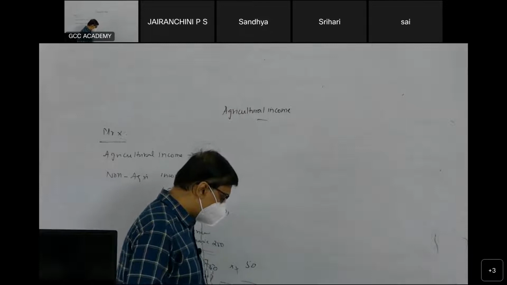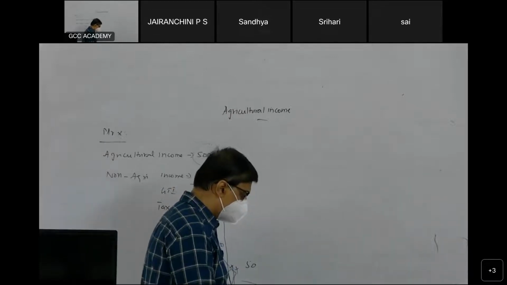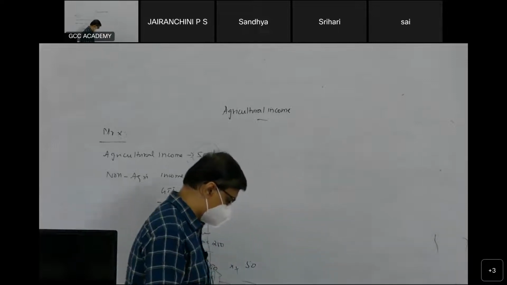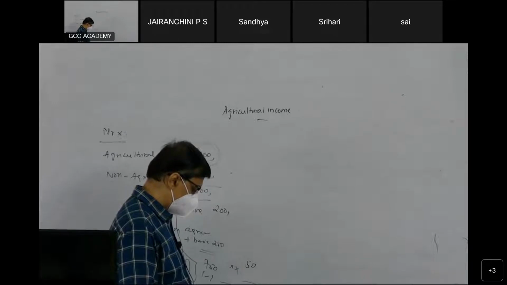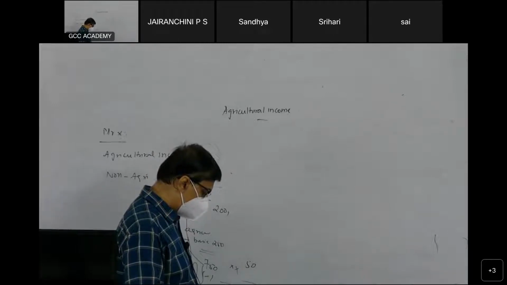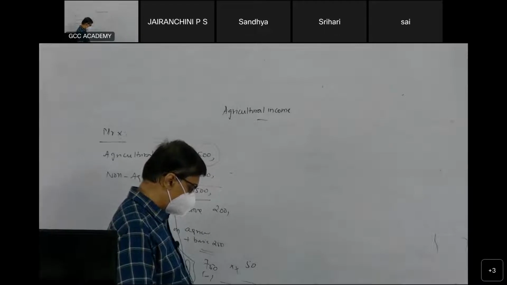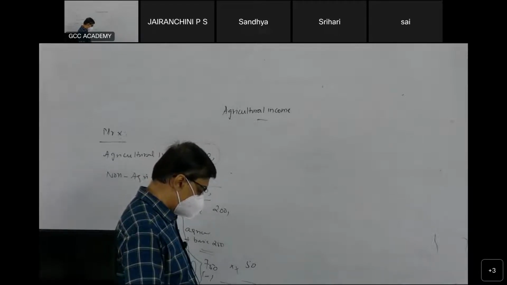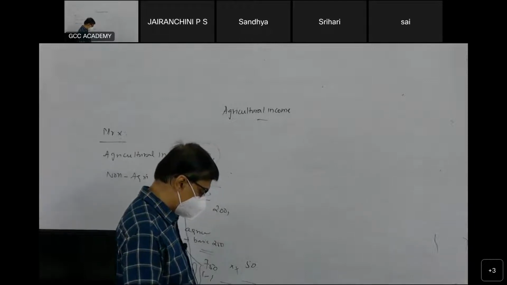According to section 10 subsection 1, agricultural income is exempt from tax.